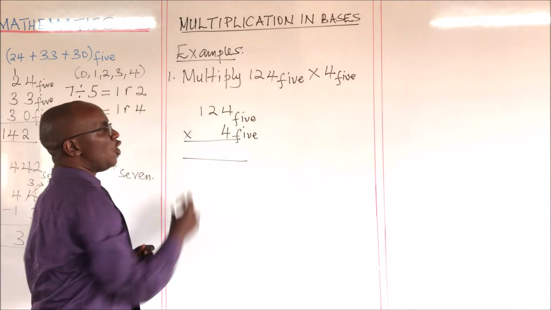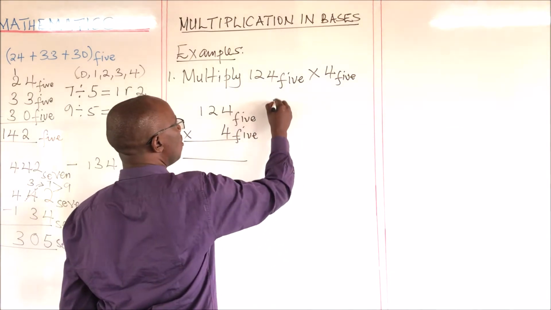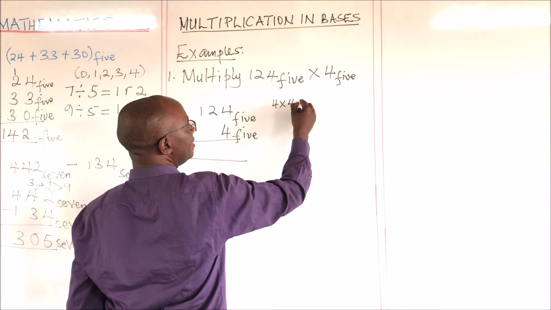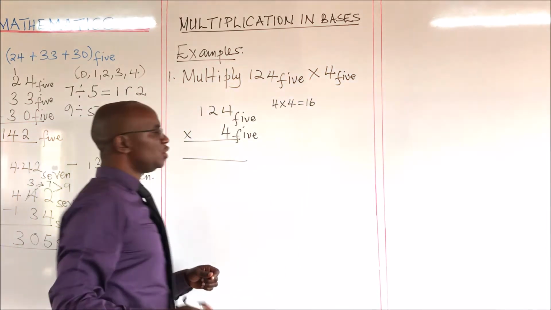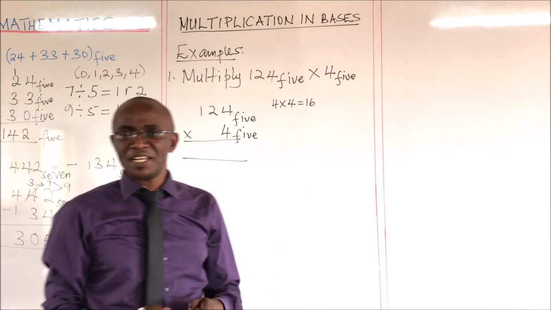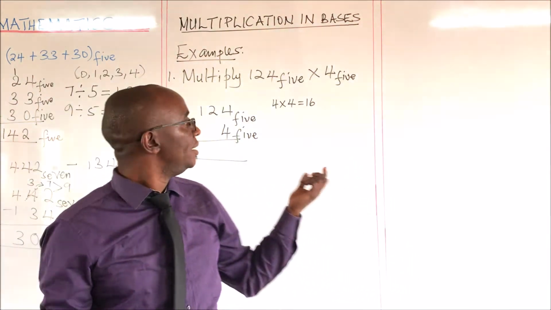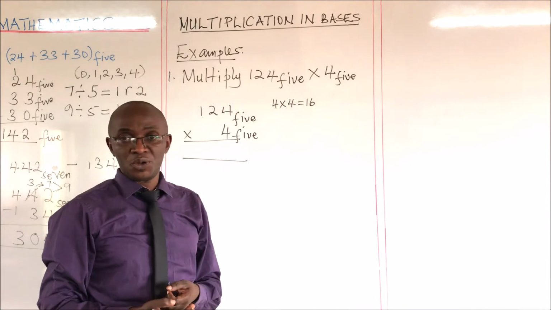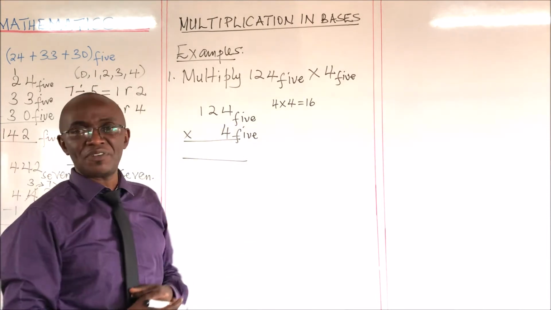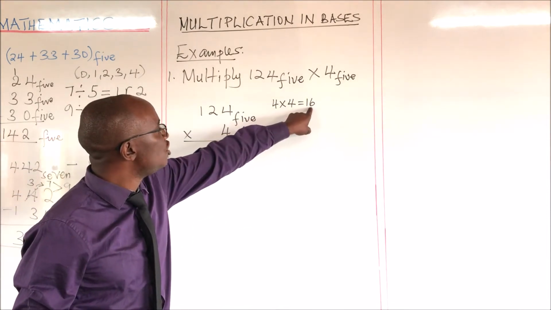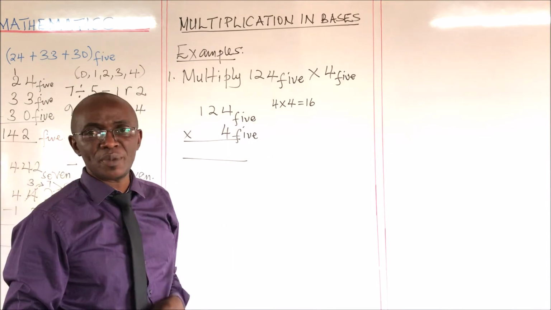So 4 times 4, we get 16. But remember, the digits written in base 5 are from 0 up to 4. We cannot write 16 in base 5, so we change 16 to base 5.